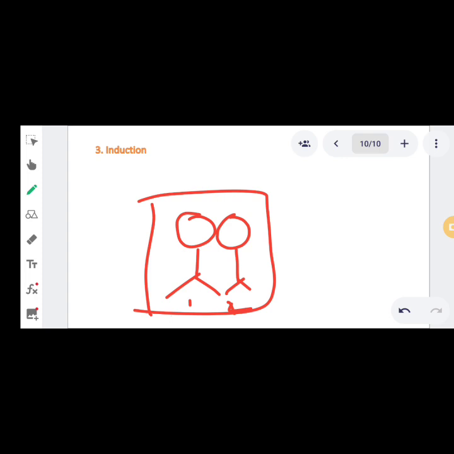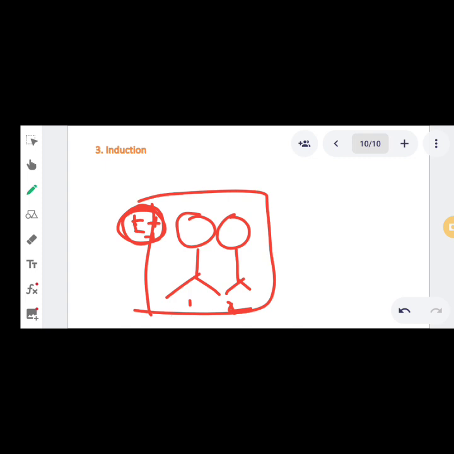So what we do is bring a positively charged body or a negatively charged body near one of the two neutral bodies. Let us say we bring a positively charged body near body 1. We all know that a positive charge attracts negative charges and repels positive charges.